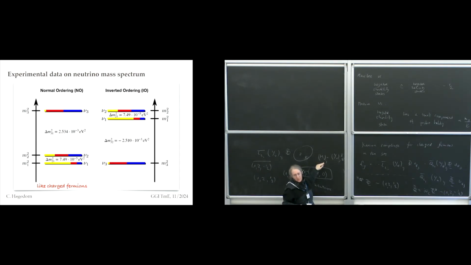how do you get the masses from such a mass matrix? Usually it tells you, take this matrix, diagonalize it, compute the eigenvalues. So what happens if you have only two right-handed neutrinos? This matrix turns out to be of this form, with three rows and two columns.